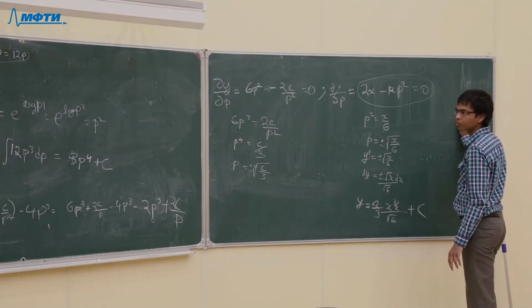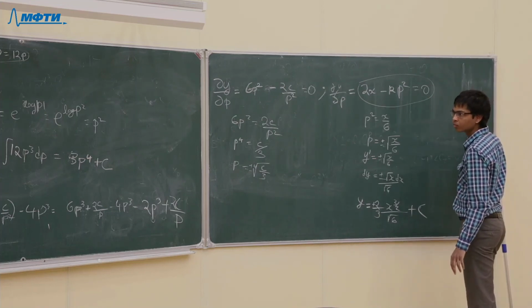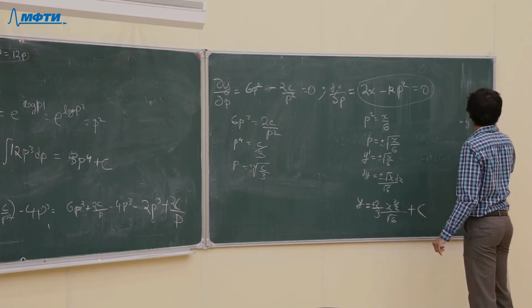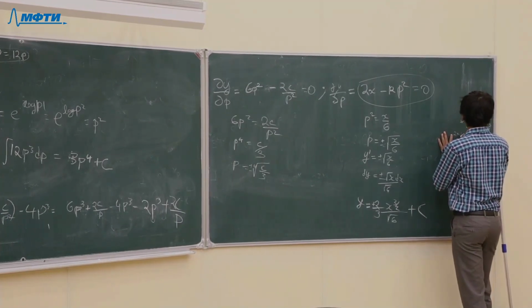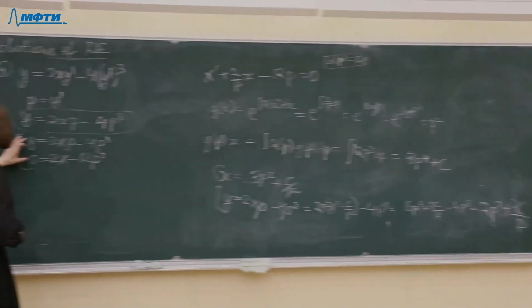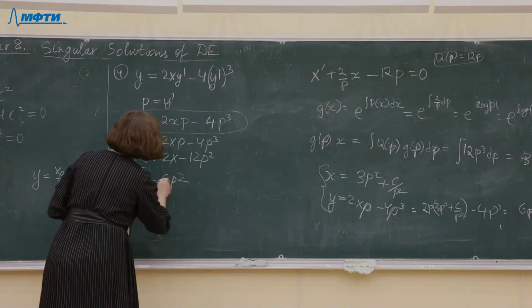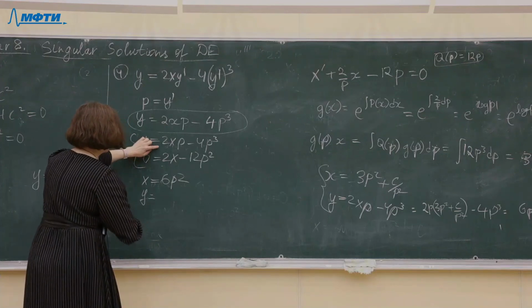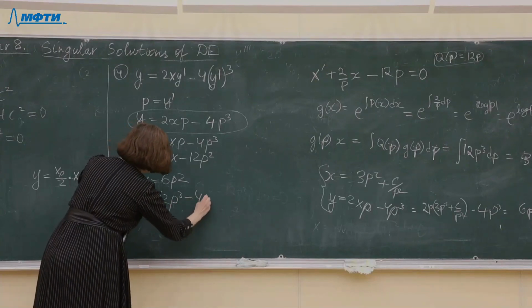So let's try to solve the simultaneous equations, right? y equals 2xp minus 4p cubed, and 0 equals 2x minus 12p squared. So we should solve two simultaneous equations. So x equals 6p squared, and if we substitute it into the original equation, we will get 12p cubed minus 4p cubed.